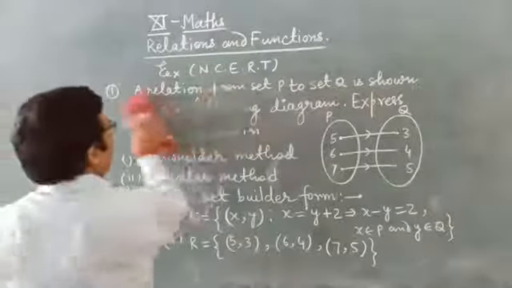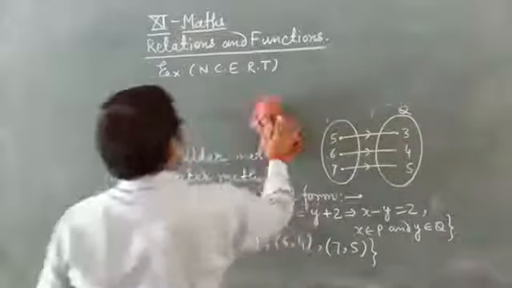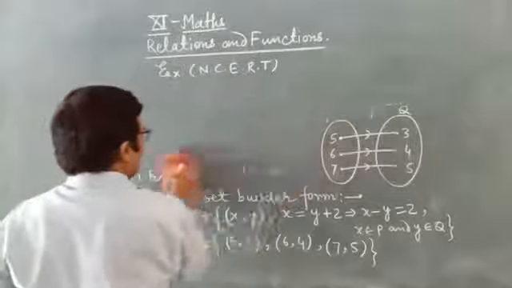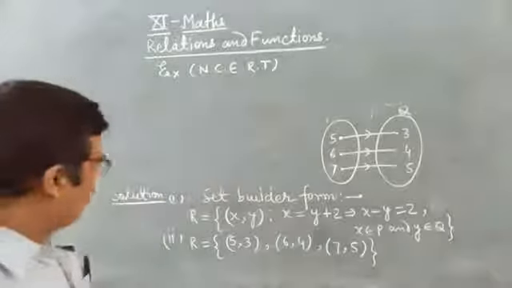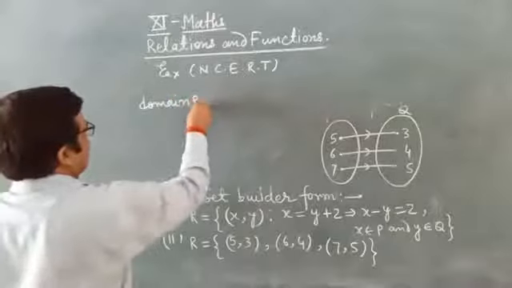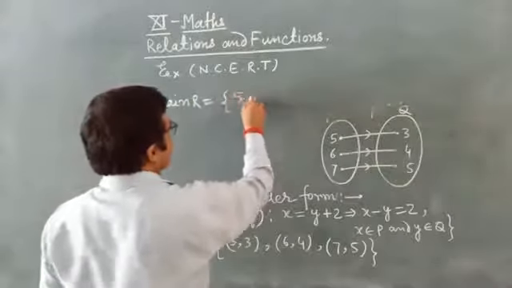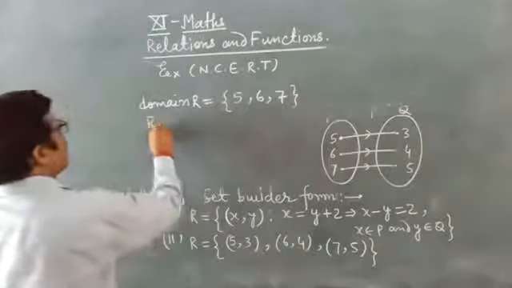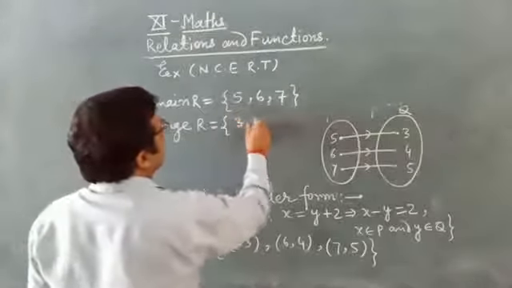The domain and range of this relation is given by domain R is equal to 5 comma 6 comma 7 and range R is equal to 3 comma 4 comma 5.